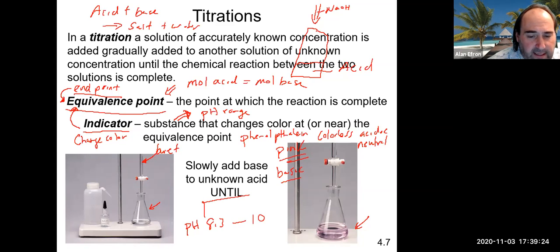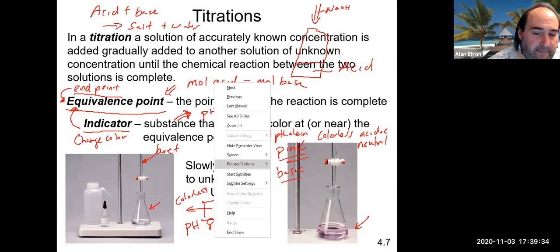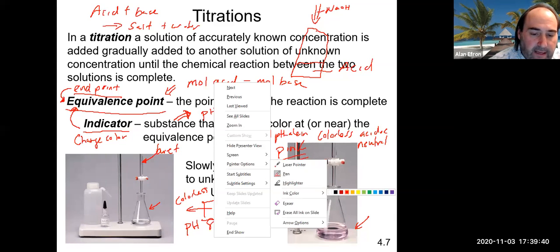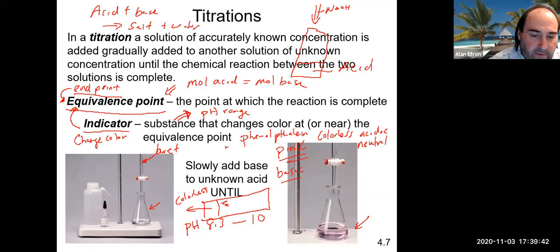Around 8.3, it's colorless in this part. And then as you get above 8.3, heading towards 10, it becomes more pink as you go this way. It becomes more pink, super dark pink. I know that's red, but it's okay, we'll pretend it's pink. Super pink as you head down towards this side.